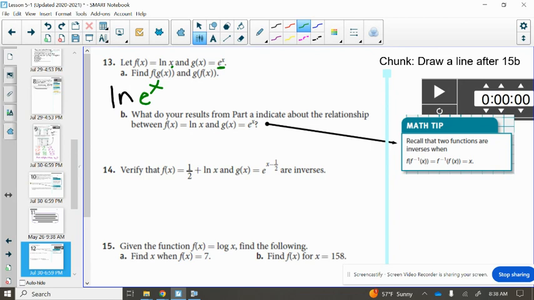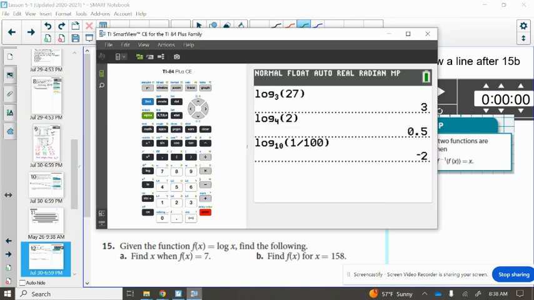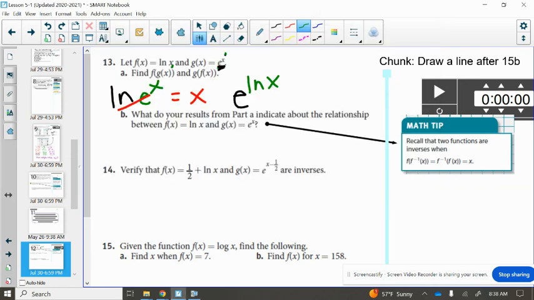And what I notice is that ln of e cancels out, and I'm just left with x. Well, if we go the opposite way, and I take my g of x and plug in ln of x for the x value, again, e to the ln is going to cancel out. So this cancels, and again, we're just left with both sides equaling x. So we can see that these are inverses of each other.